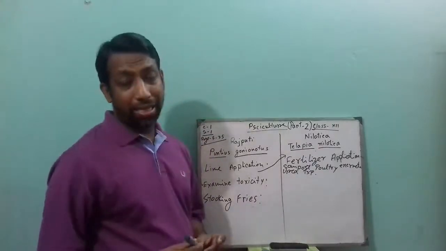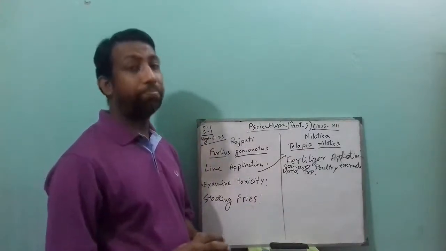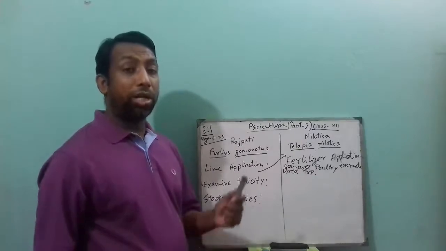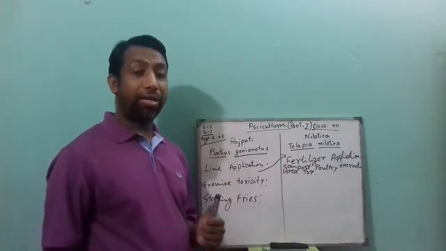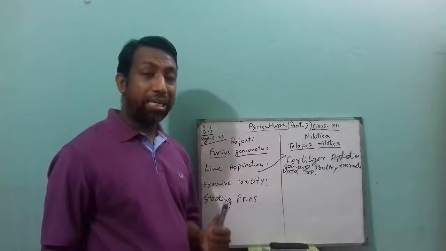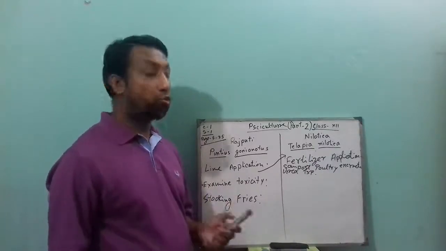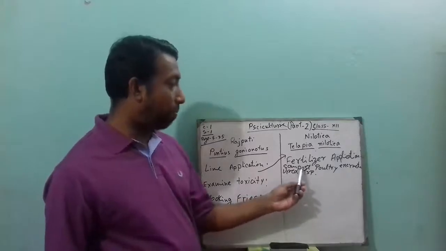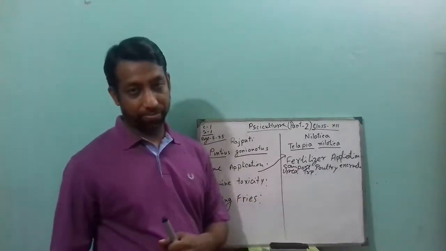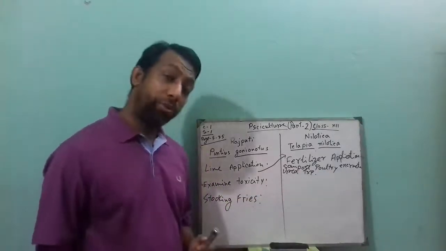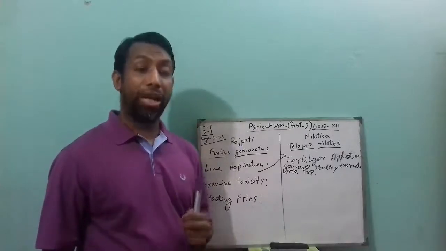When you apply this, you have to make sure that the quantity is proper. You don't need to apply too much urea, TSP, compost, poultry, etc. I told you before, you have to apply 2 times.